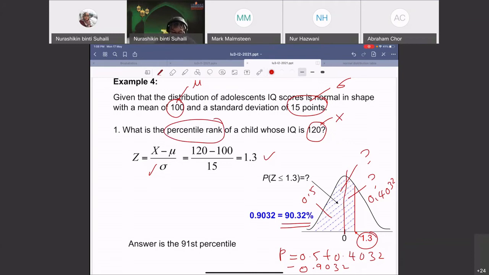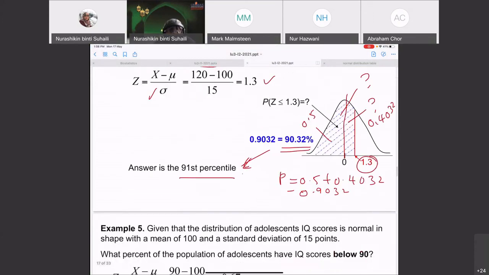Or if you round it up, it's the 91st. The reason why it's 91st, not 90, is because it already exceeds 90 in this case, so you go for the next value. You can also just put 90.32%, I can accept it. Okay, so that's one example.